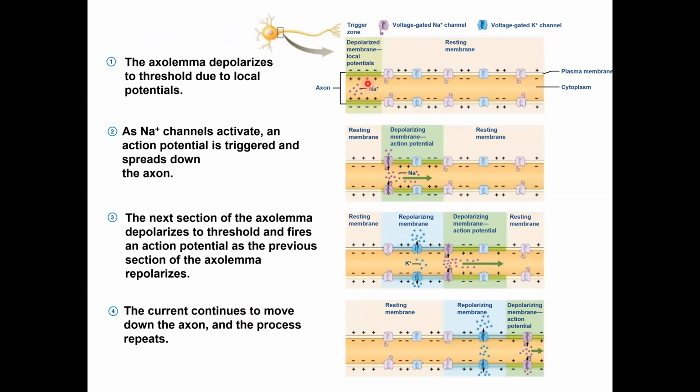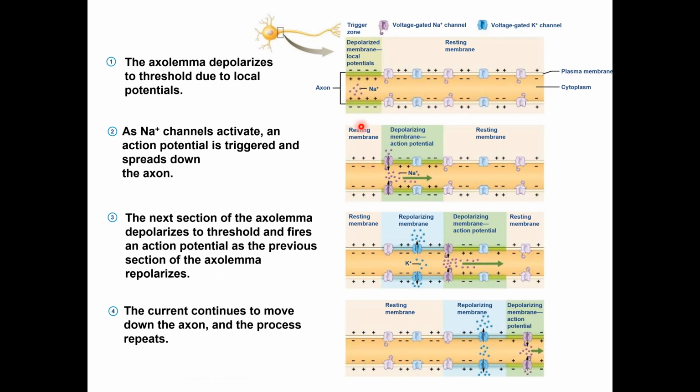So let's look at what's going on over here. Here we have a local potential, so enough sodium moves in. The cell is positive inside now and negative outside. Now these are voltage gated channels. The voltage gated channels everywhere along after this local membrane, where we create the local potential, are all closed.